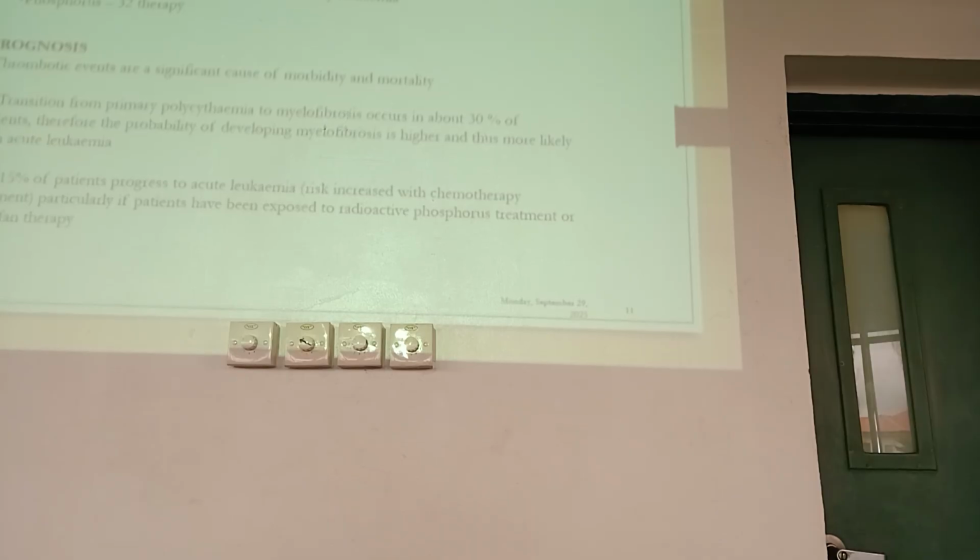So prognosis, can transit from polycythemia rubra vera to myelofibrosis, which we are going to talk about next. A person can transform from polycythemia rubra vera to myelofibrosis after some time, or transform into acute leukemia later.